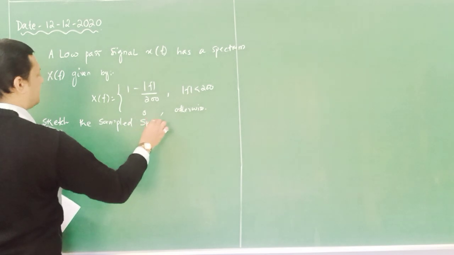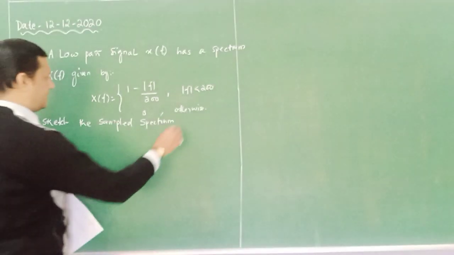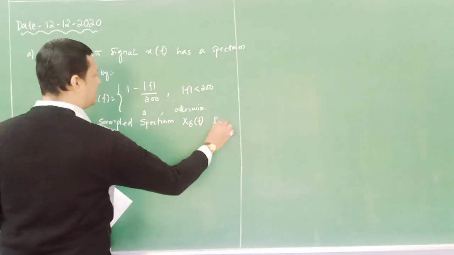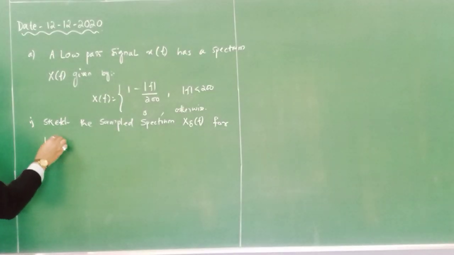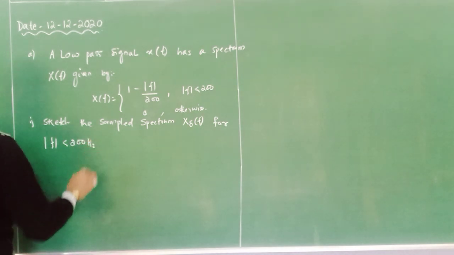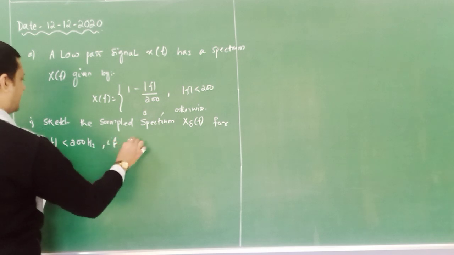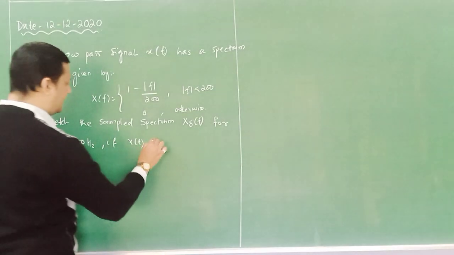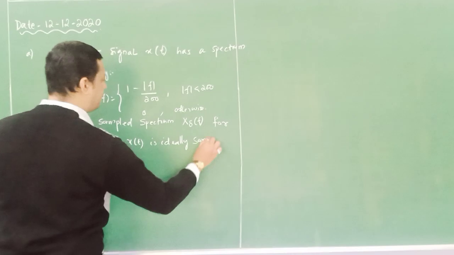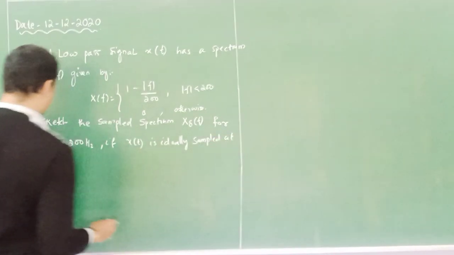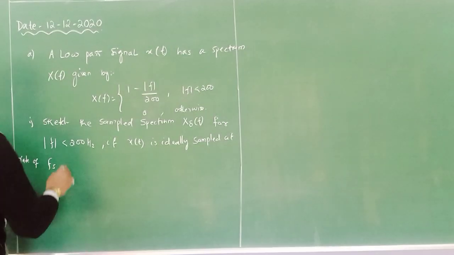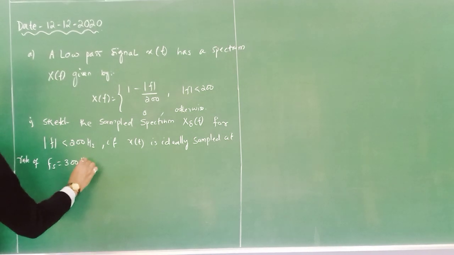Sampled spectrum, that is X delta of f, for mod frequency f less than 200 Hz, if x of t is ideally sampled at a rate of fs equal to 300 Hz.